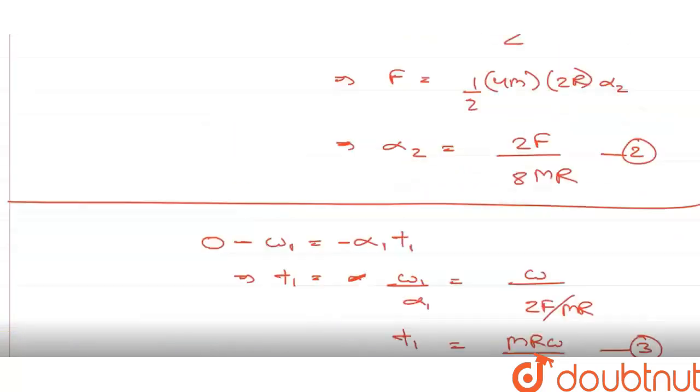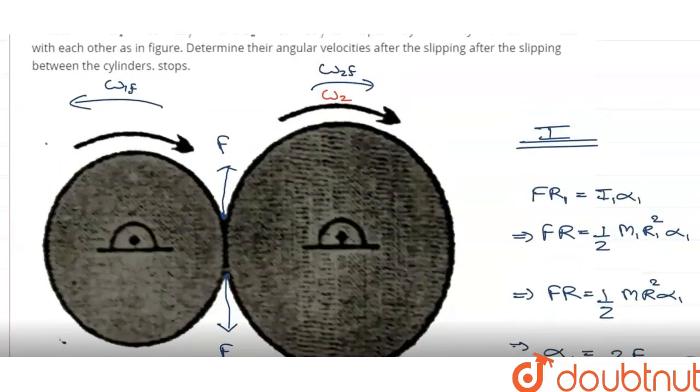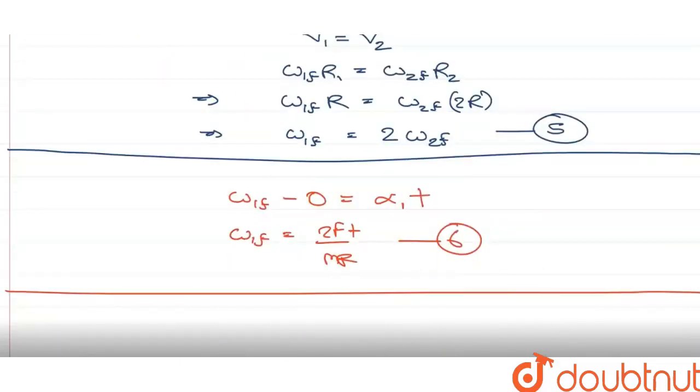Now cylinder 2 never changes its direction, so its initial angular velocity will be omega 2 and final will be omega 2f. So omega 2f minus omega 2 is equal to its angular acceleration, which is alpha 2, times the time period that the second cylinder takes to reach from its initial angular velocity to the final angular velocity.